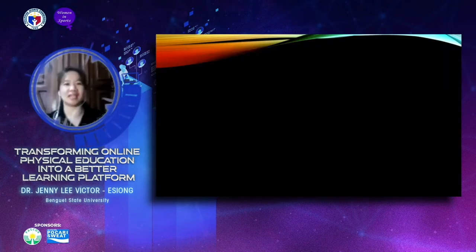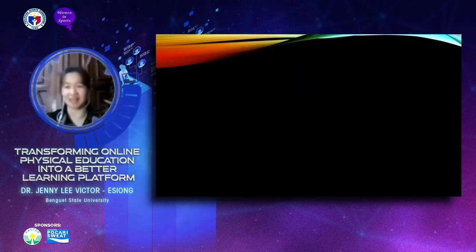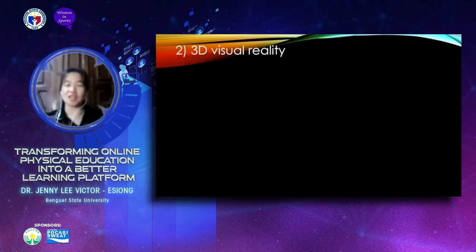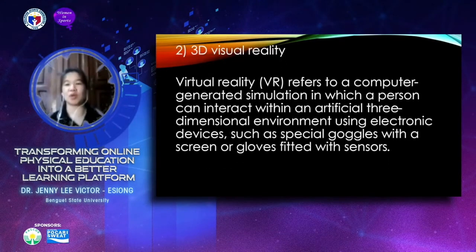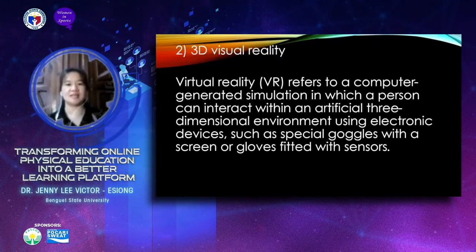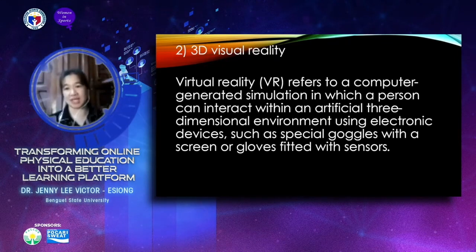Anyway, another is, for me, the best strategy to teach physical education if we have the resources and the funds for it. It is your 3D visual reality, or what we call virtual reality. It refers to a computer-generated simulation in which a person can interact within an artificial three-dimensional environment using electronic devices, such as special goggles with a screen or gloves fitted with sensors.